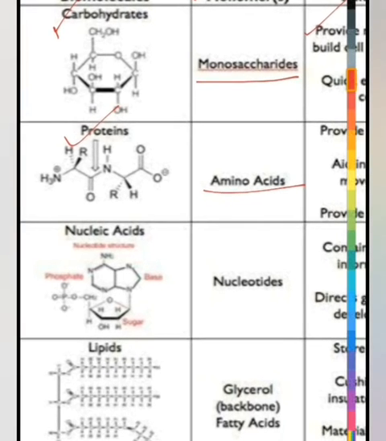Thirdly, we come to the third major biomolecule, that is nucleic acid. You all have heard about nucleic acid in your previous classes like class 9 and 10, when we were discussing DNA and RNA.